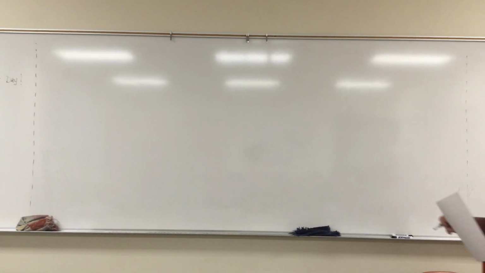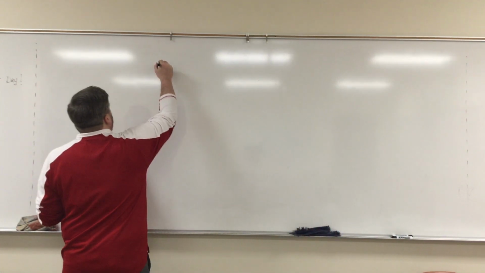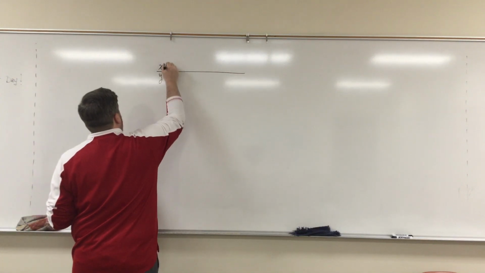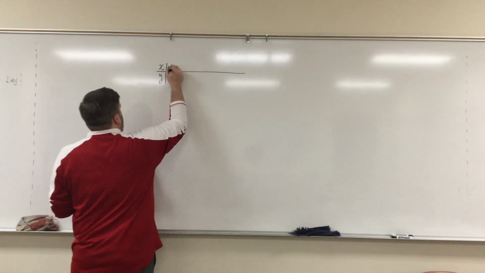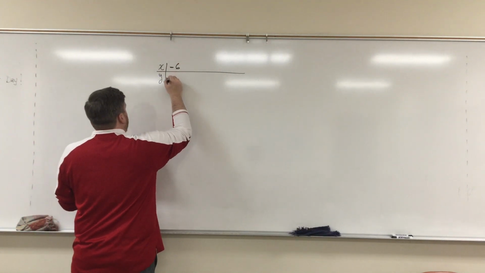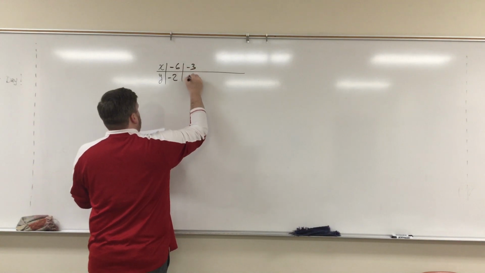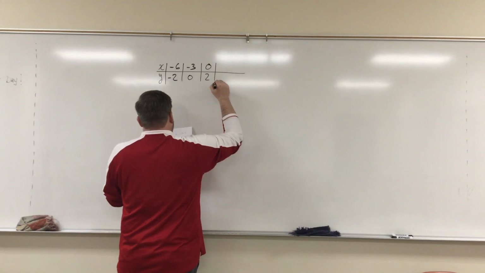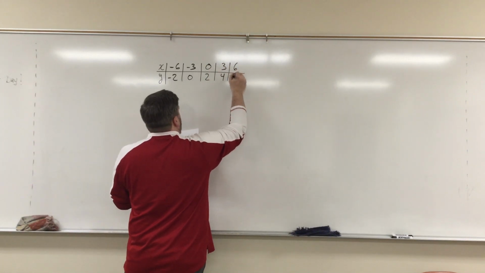So instead of giving you 2 points and trying to determine what the slope is, I'm going to give you a table. Now a table will have several points. You guys made tables when we graphed a line by finding 5 points and then plotting those 5 points and making a line.